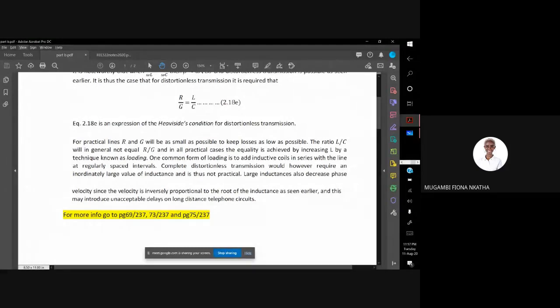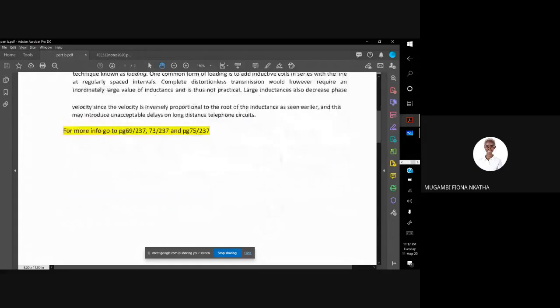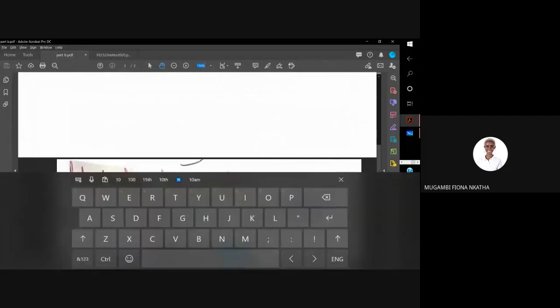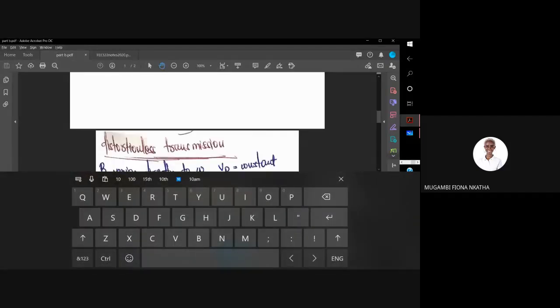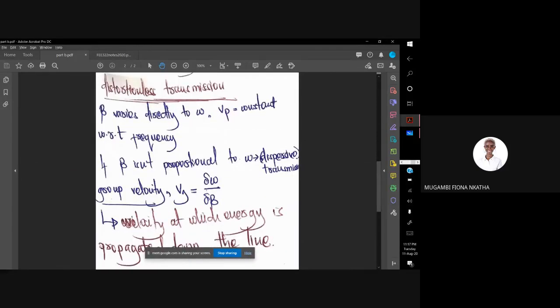Something else about distortionless transmission that I should add. We've seen the phase coefficient varies directly with omega and the phase velocity is constant. This is with respect to frequency. This is not always the case generally.